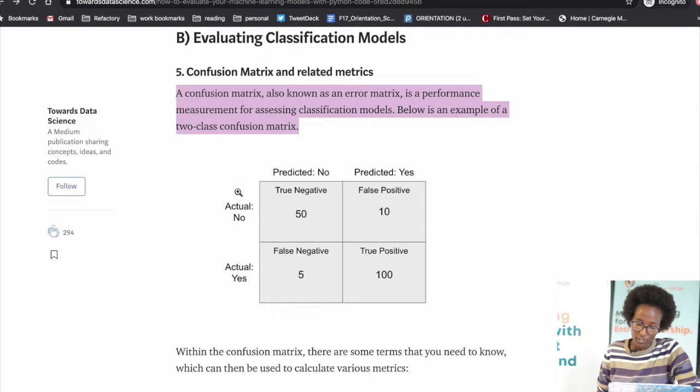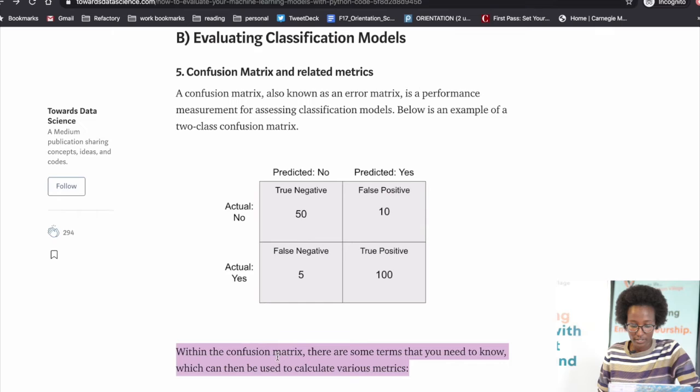If the actual value is no, how many of them were mispredicted to be yes? That is a false positive. If an actual value is yes, how many of them were falsely predicted to be no? That's a false negative. And if an actual value is yes, how many of them were truly predicted to be yes? That's a true positive.